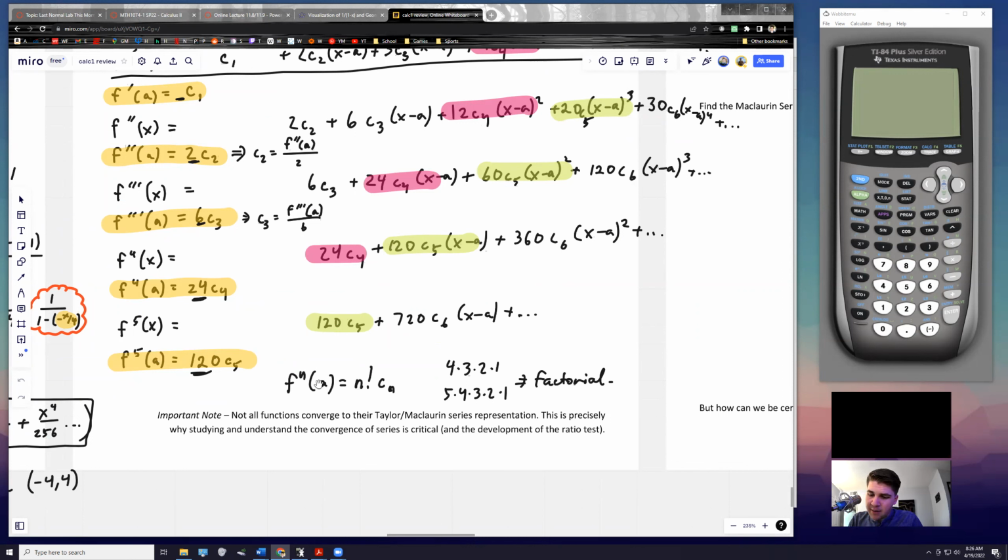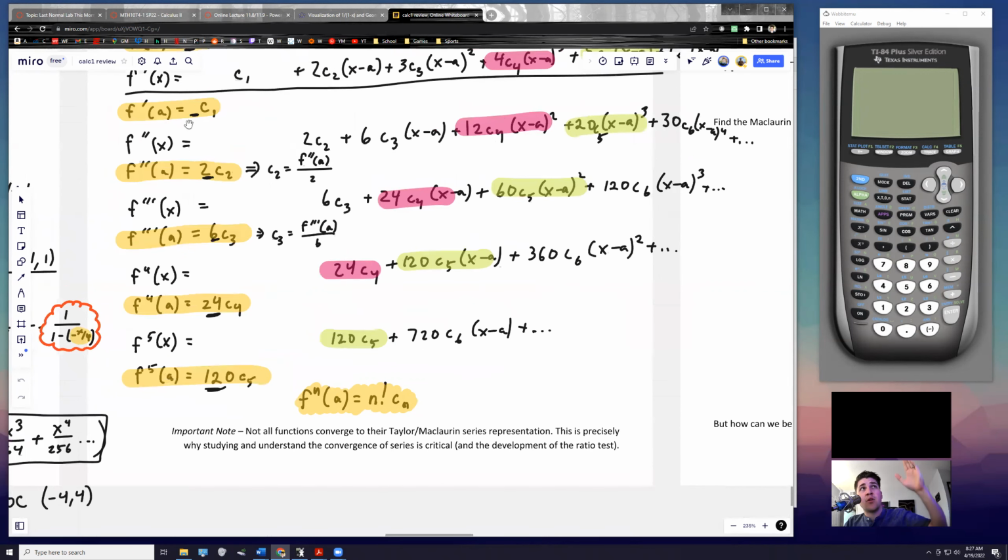This formula that I'm writing right here is the solution, and how we figured that out is because that's a factorial pattern. Once we recognize that the coefficients on the higher order derivatives form a factorial, we conclude that if we continue this pattern forever, the nth derivative of the infinite power series evaluated at a will always be, for example, 5 times 4 times 3 times 2 times the particular cn.